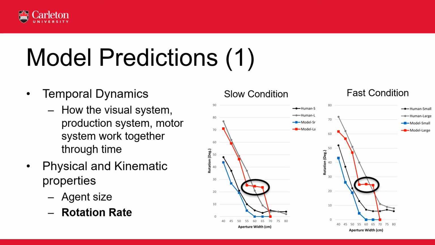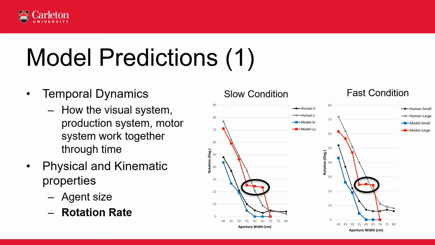For example, across the experiments in this paper and in previous papers, I chose a single rotation rate of 120 degrees per second. Now that's a high rotation rate, but there's only one paper that I know of that describes rotation rate at all. So to foreshadow the discussion at the end, there's still some empirical work to do regarding the kinematics that could really help falsify the model.